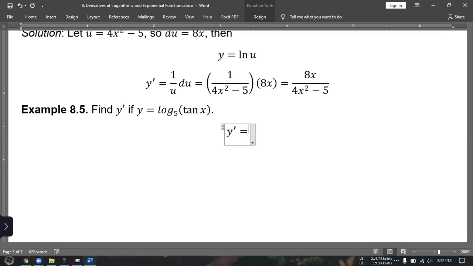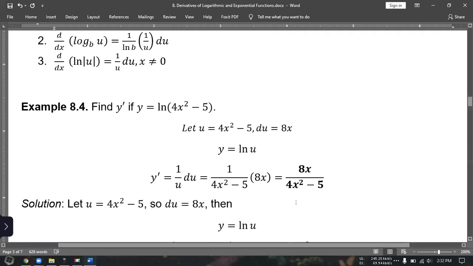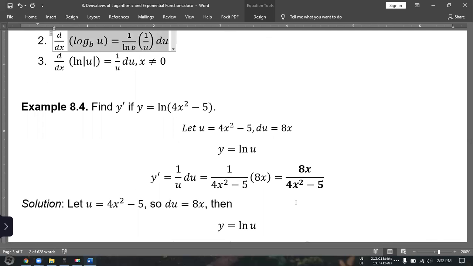We have y prime is equal to, we can use our second definition here. We have 1 over the natural logarithm of the base times 1 over u times derivative of u.